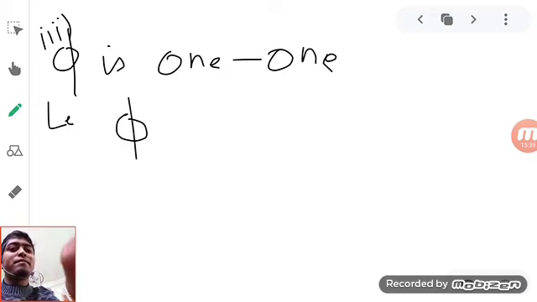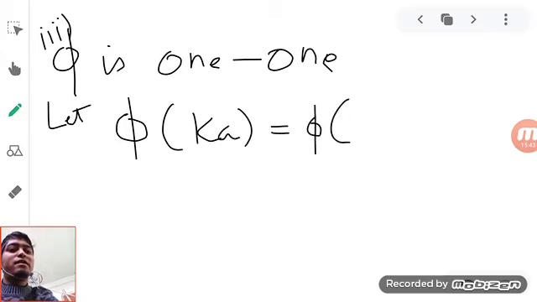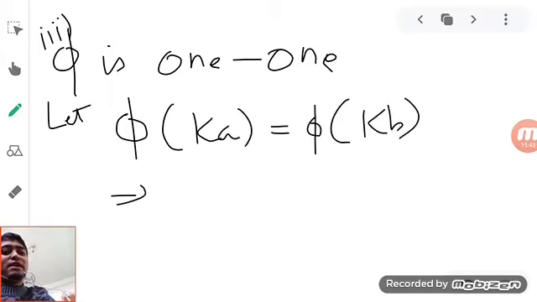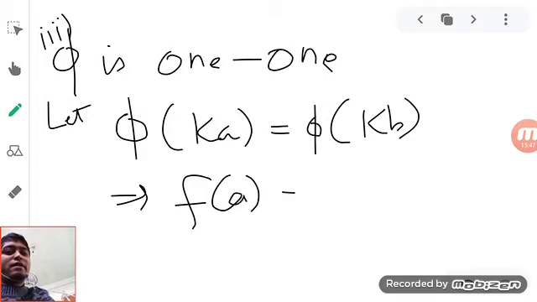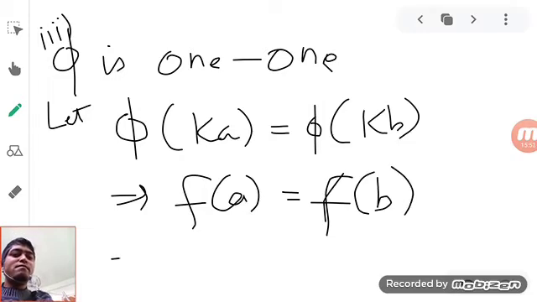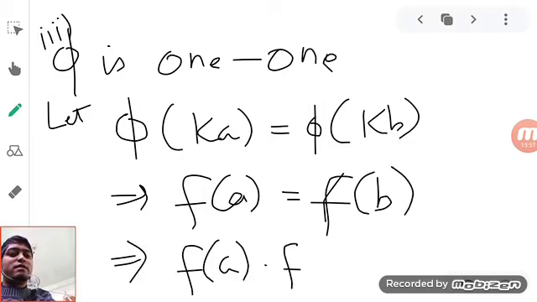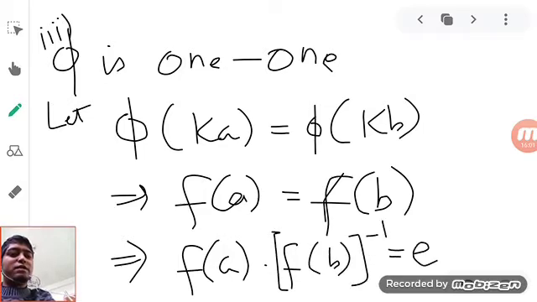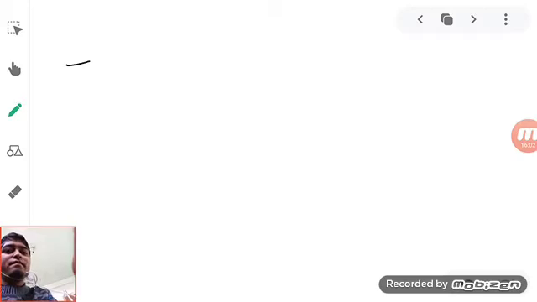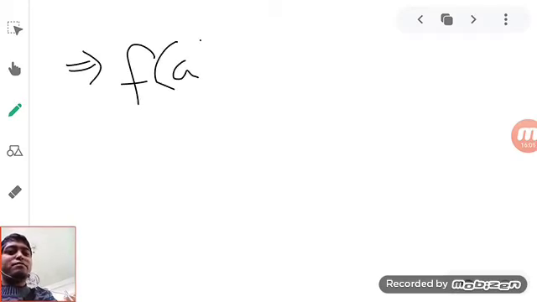Let phi(Ka) = phi(Kb). So you will have f(a) = f(b). If you go back in the reverse, you will have f(a) f(b) inverse equal to e dash. You can actually have this one as well.